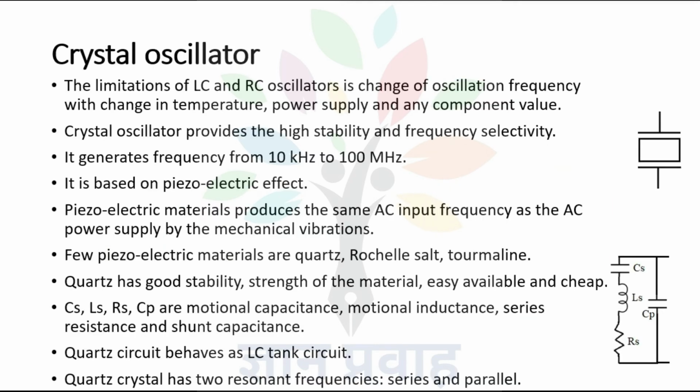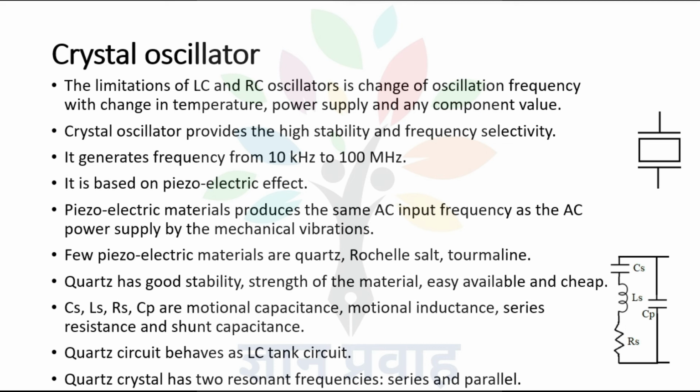Another type of oscillator is the crystal oscillator. In the last slides we studied LC and RC oscillators. The limitation of LC and RC oscillators is the change of oscillation frequency if there is any change in temperature, power supply or any other component value.